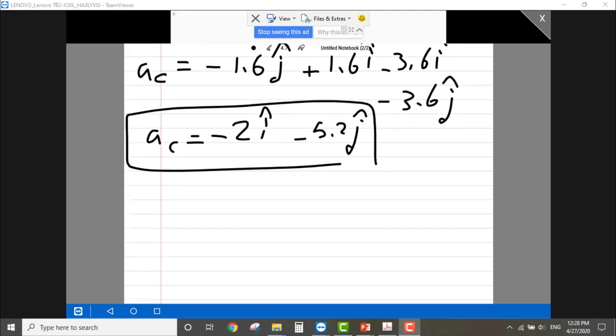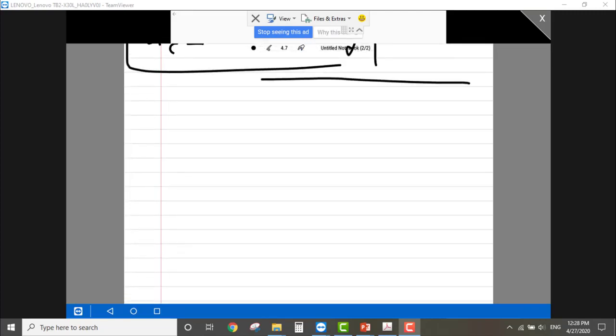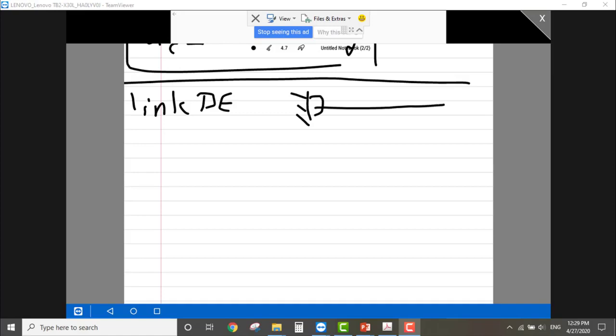Now we'll move to the other link, which I'll name link DE. But I will not draw the whole link. I will draw it until the corner in the slider. So here is the slider C, and here is D. The slider is freely sliding on this link.